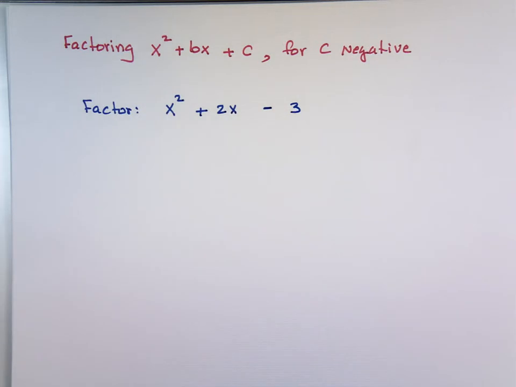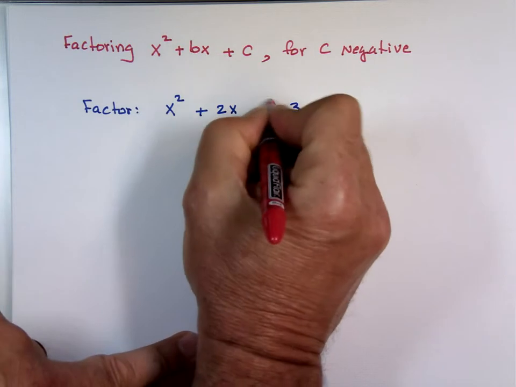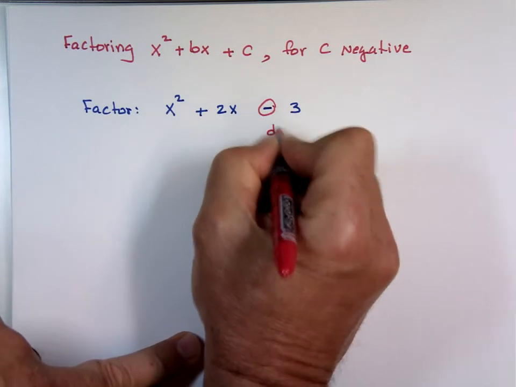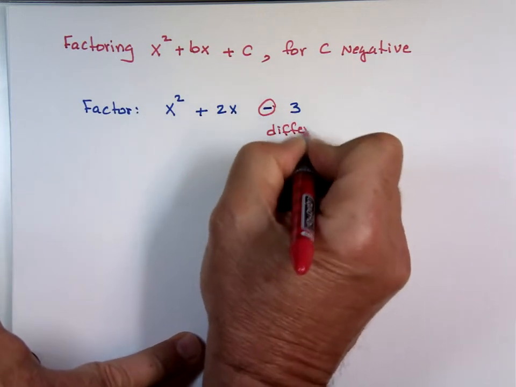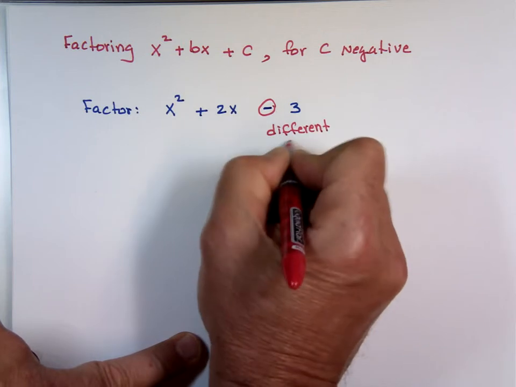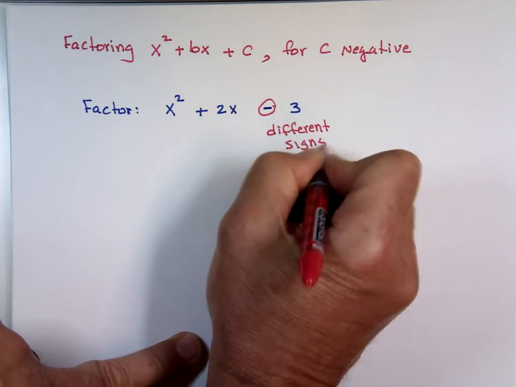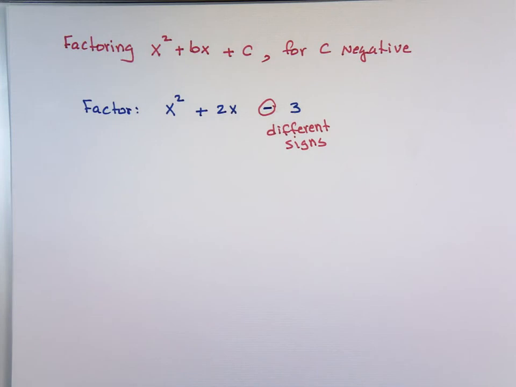Well, when you see a minus here, that tells you you will have different signs. That means one is going to be positive, one is going to be negative.